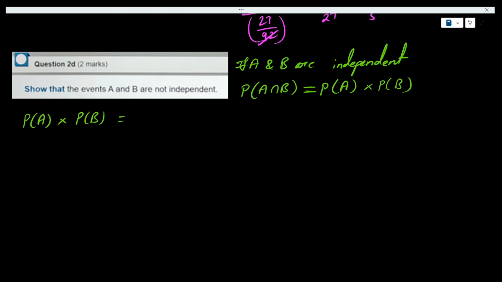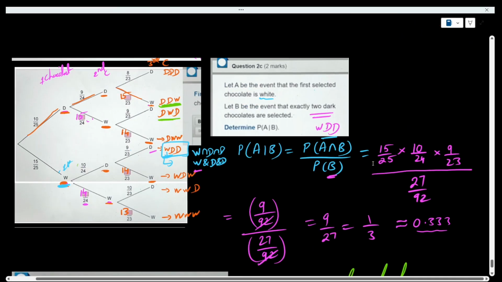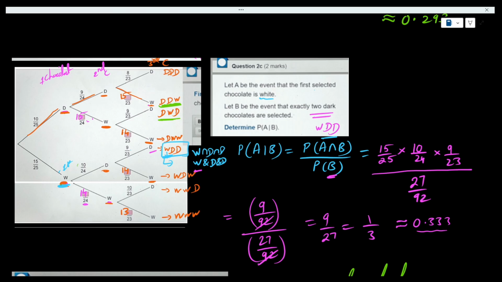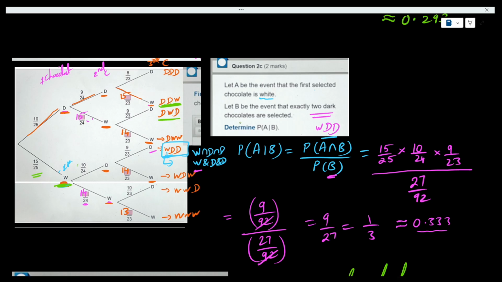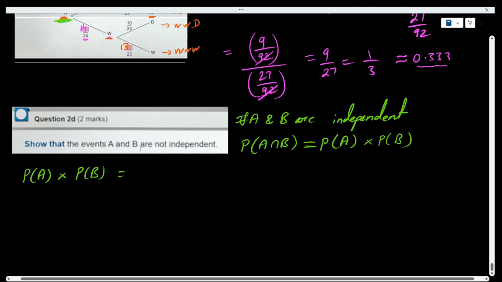Now what is the probability of A? A is the event where the first selected chocolate is white. Look at here, this is the probability that the first selected chocolate is white, so 15 by 25.